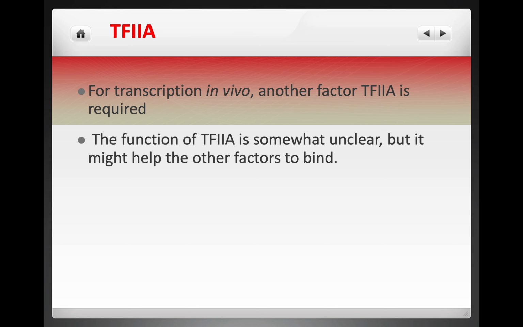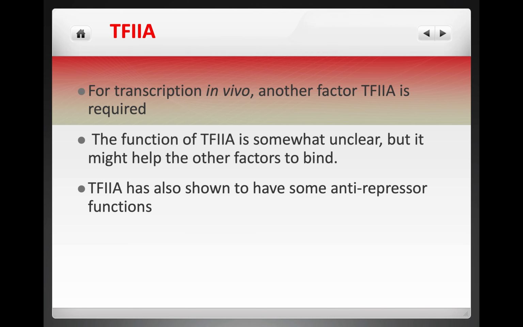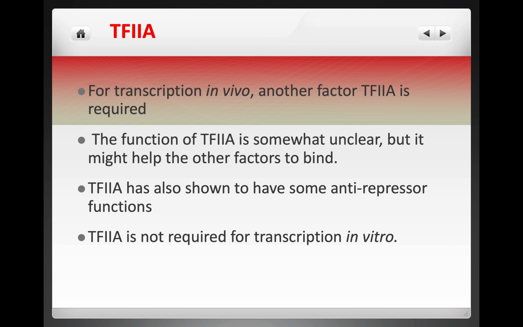Its function is still unclear up until now, but usually it helps other factors to bind. Having said that, it doesn't mean that TF2A is not important. It is needed to form the initiation complex nonetheless, and it has been shown to have some anti-repressive function as well. But TF2A is usually not required for transcription in vitro, in the lab.